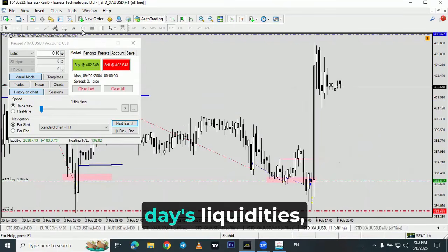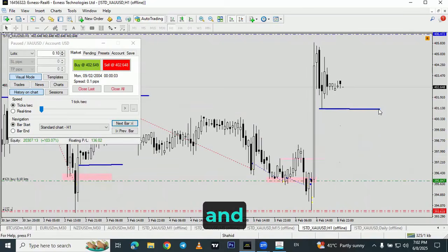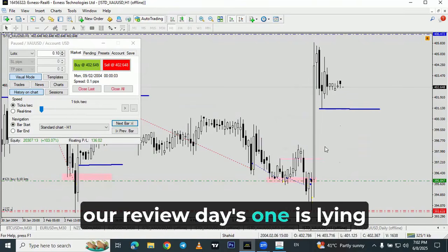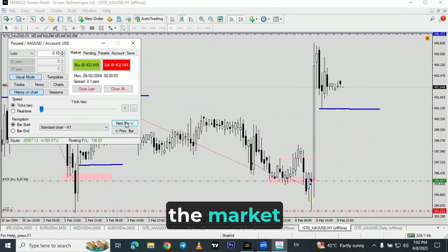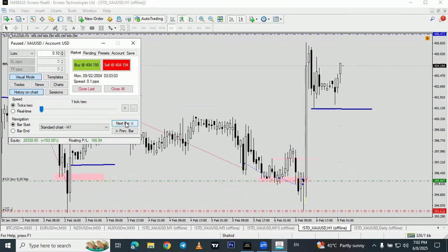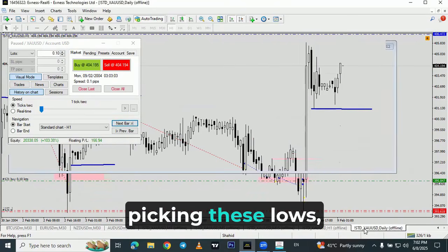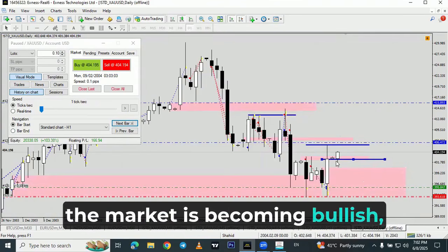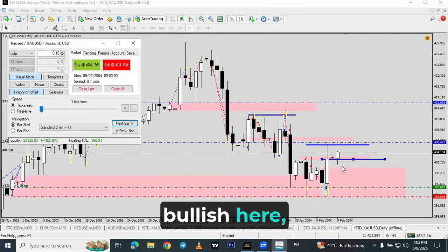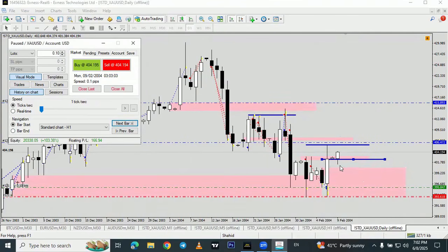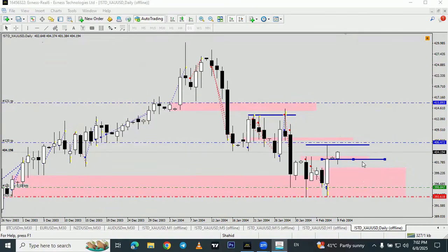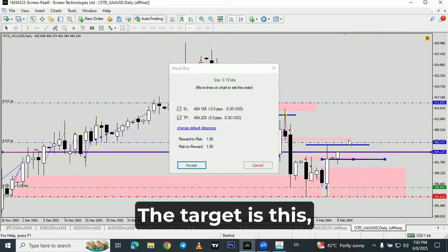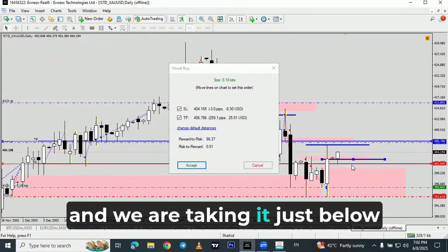We see the previous day's liquidities, they have increased, and our review day one is lying here, which we tap. The market is bullish here. See, picking these lows, the market is becoming bullish. So if the market is becoming bullish here, we try to make it bullish here.